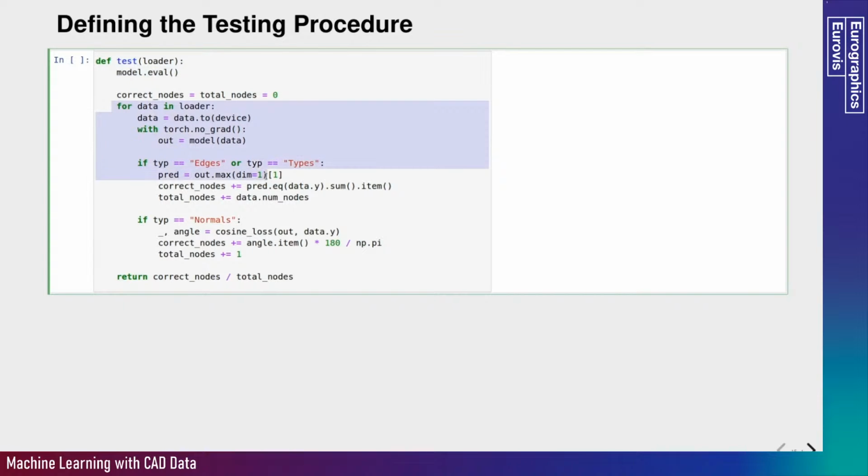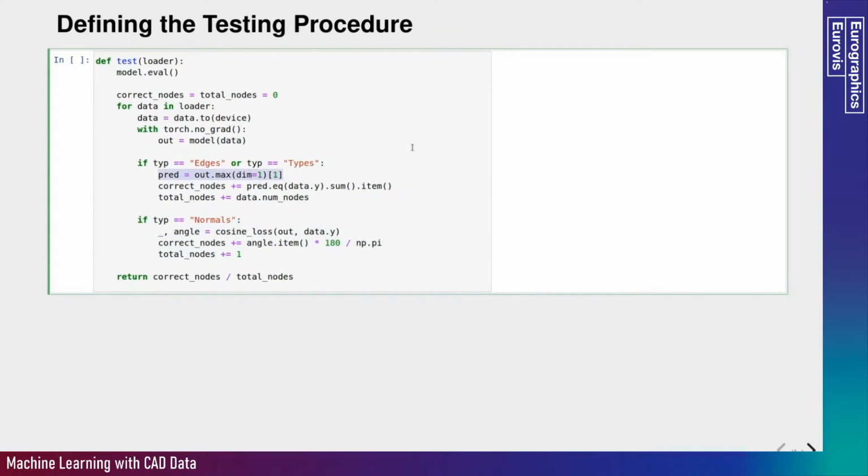Then we again go over our data batches in our loader. We need to send the data to the device and then set torch to no grad, so that no gradients are calculated, and then we are running the data through our model again, get our outputs, and we differentiate for edges as well as for normals.